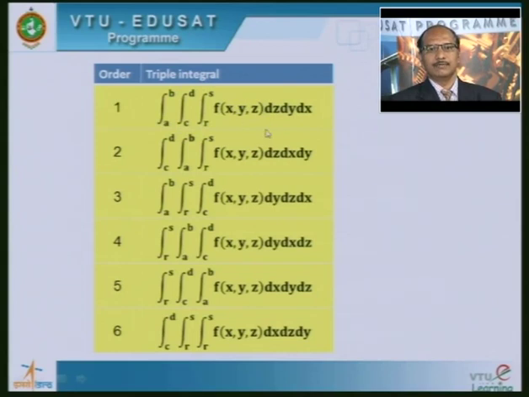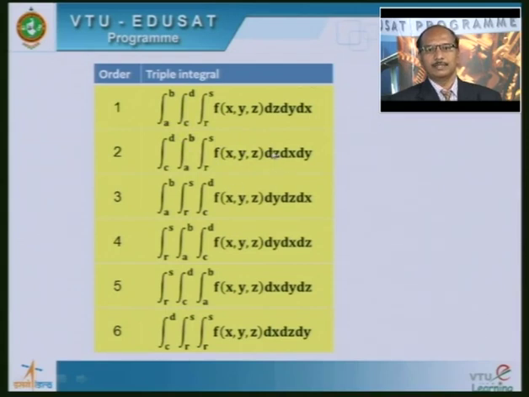You want to integrate first with respect to z, so you use the z limits r, s. Then integrate with respect to y using the y limits c, d, and lastly integrate with respect to x using the x limits a and b.